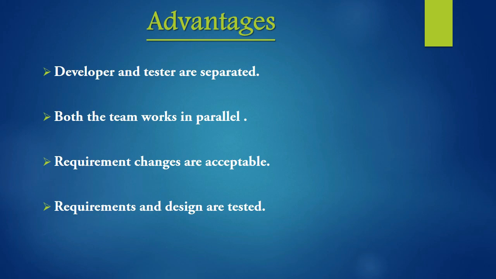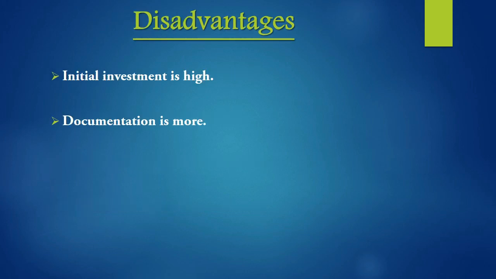If the client wants changes after looking at the module or the software, he can ask for changes at any point of time, and the V model accepts changes. Requirements and design are tested. That is, the CRS document is tested first, and the high level design and low level design are also tested.